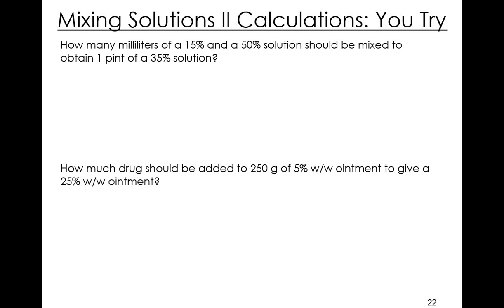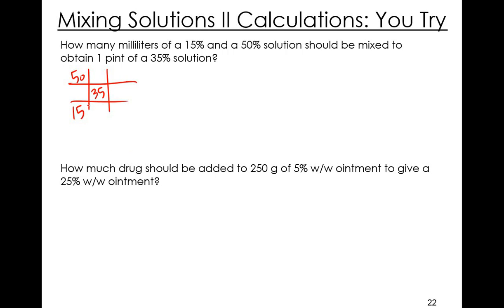So the first problem asks how many milliliters of 15% and 50% solutions should be mixed to obtain 1 pint of a 35% solution. So our tic-tac-toe says that the middle square should be our desired, the upper left is the bigger of, and the lower left is the smaller.